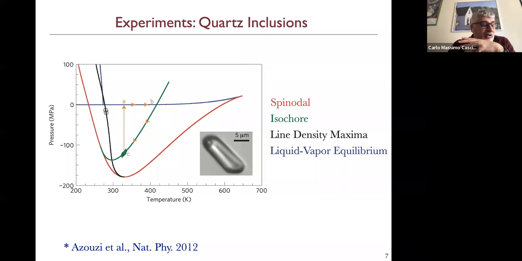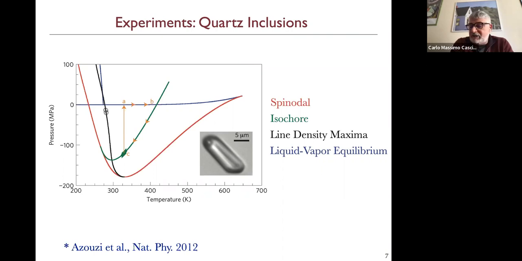Now, one of the most important problems that we have in nucleation of bubbles is, for instance, understanding the tremendous tensile strength of water. What I'm showing here is a diagram discussing an experiment done with quartz micro inclusions. Inside these cavities in quartz, you have water, and inside the water there is a small bubble.